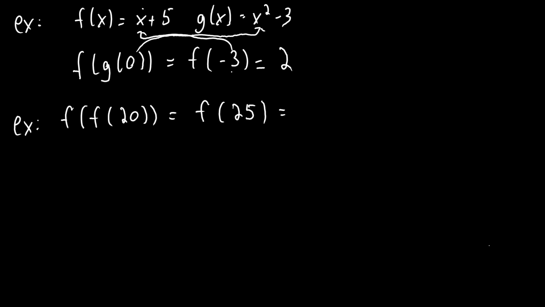Then f of 25, plug 25 in for x, it's going to be 30. So hopefully you're kind of getting the rhythm of things. You're always just plugging this x into the function that it is being evaluated into.